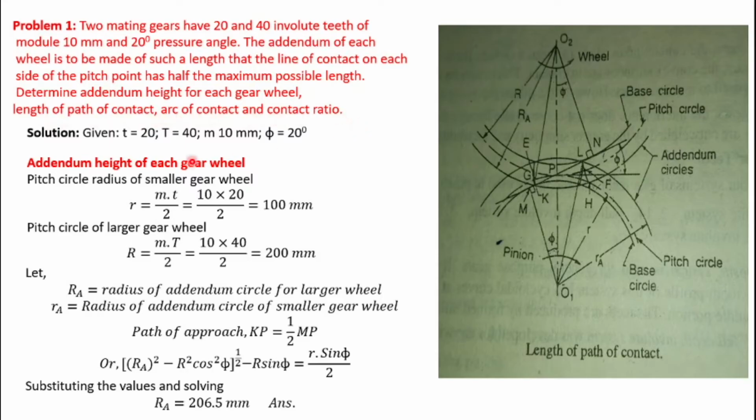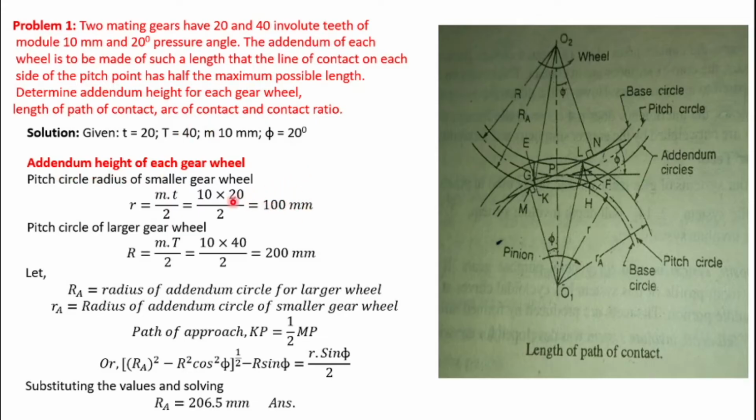So, given is a small gear having 20 teeth and a big gear having 40 teeth, module 10 mm, pressure angle 20 degrees. These are the given. So we have to first find the addendum height of each gear wheel.